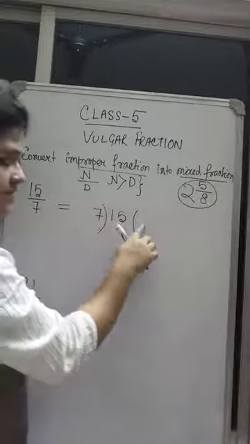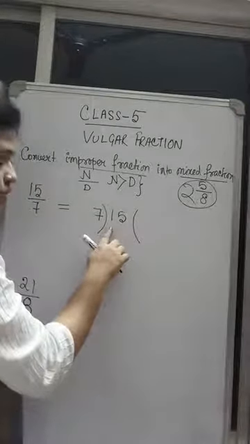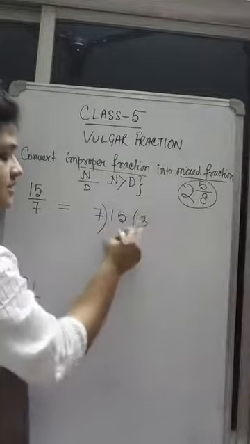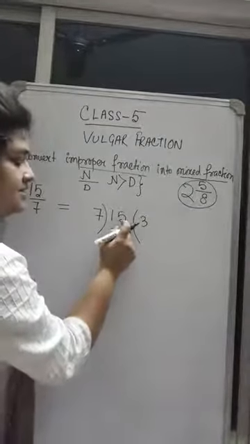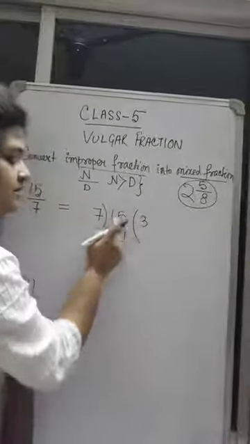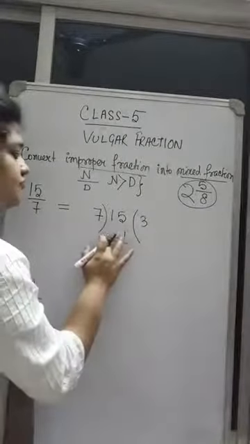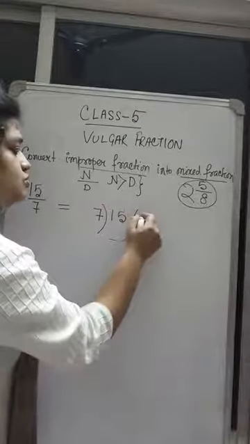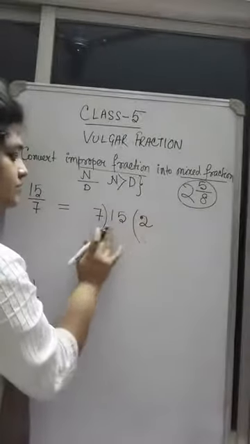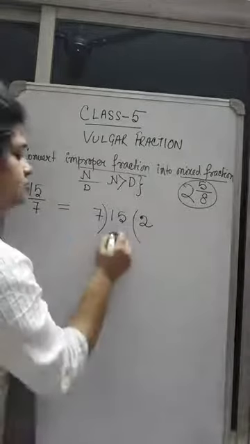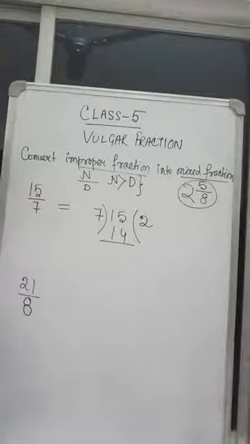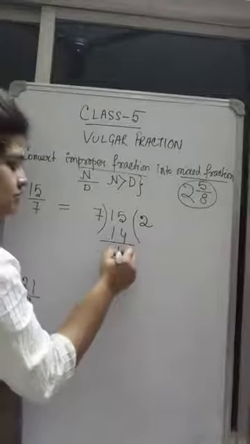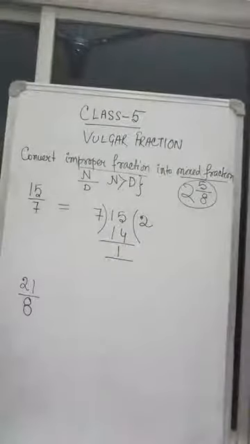So can you take 7 3s are 21? No, because if you take 21, this value exceeds the number. It is more than the given number. So you have to take 7 2s, the nearest value to this number. 7 2s are 14. What is the remainder? 15 minus 14 gives you 1 as the remainder. So how will you write the mixed number?